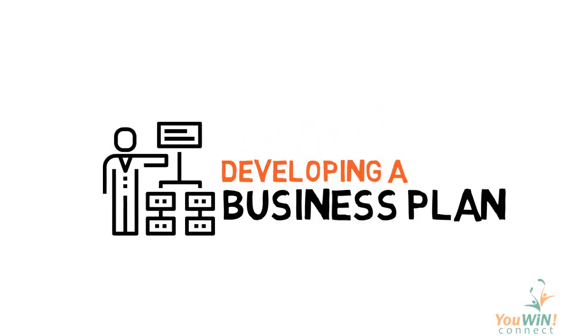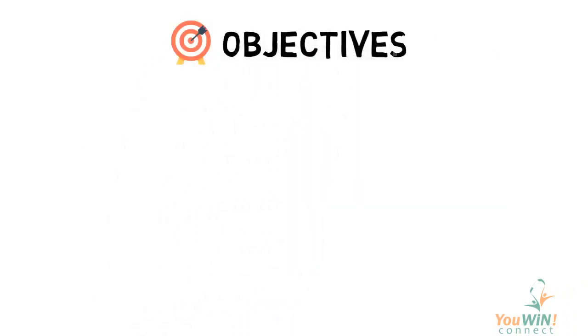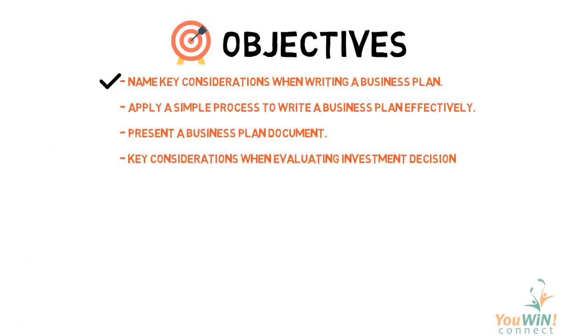This module is designed to assist you to learn, in simple but very effective ways, how to develop a business plan. In this module, we will first be able to name key considerations when writing a business plan.